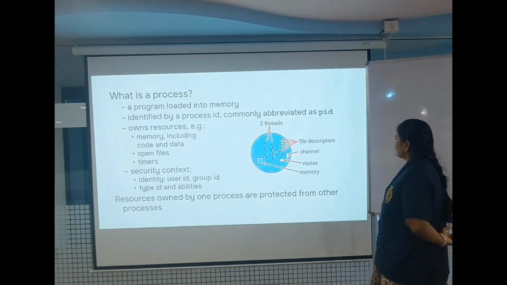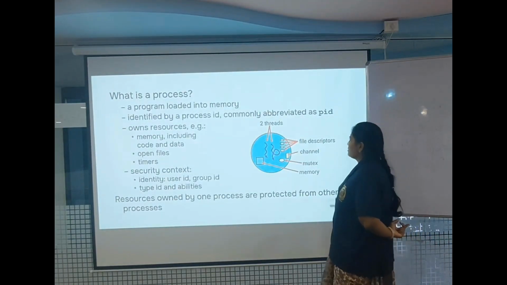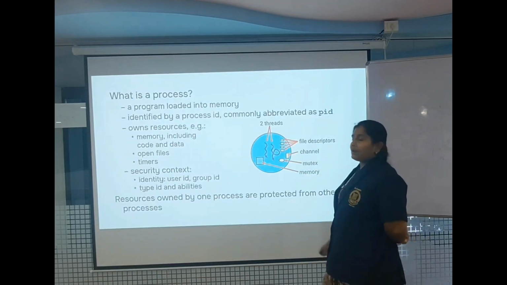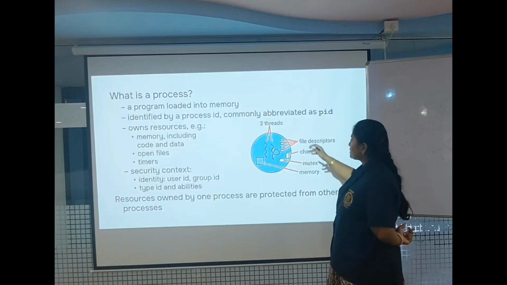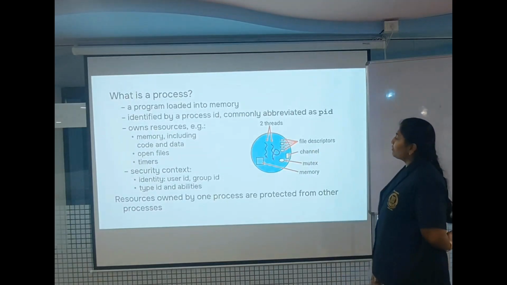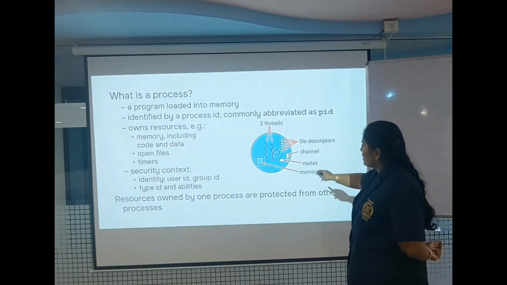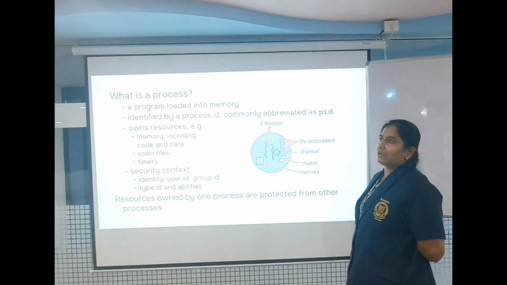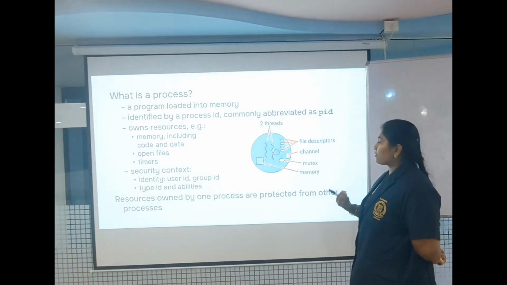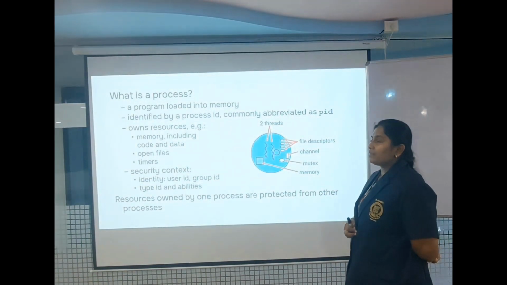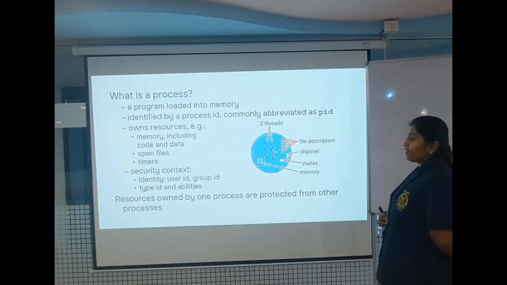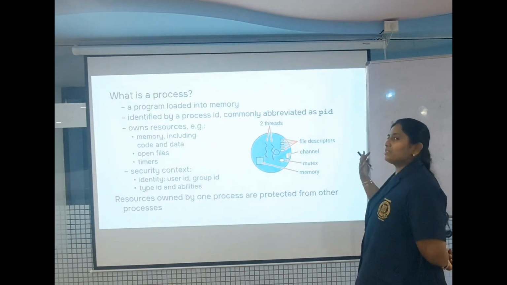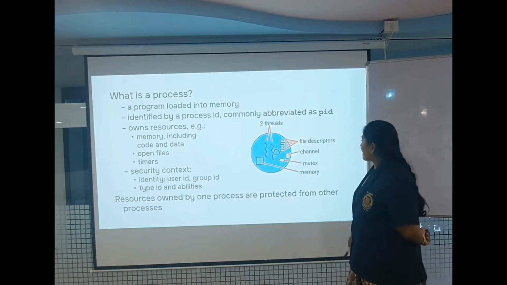So here we can see the several resources that are present in a process. So there are threads, you can see. Now we will see what a thread is in the next slide. So threads are single lines of execution of a program, and there is memory. There are certain resources like mutex, like those who are into embedded RTOS will know what a mutex is. It is an access control mechanism which is used to regulate access to some shared resource, and there is a channel.